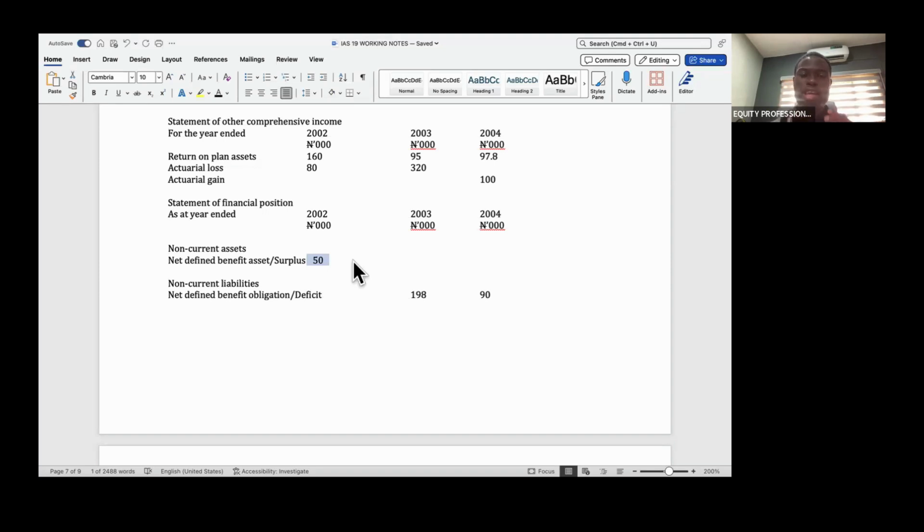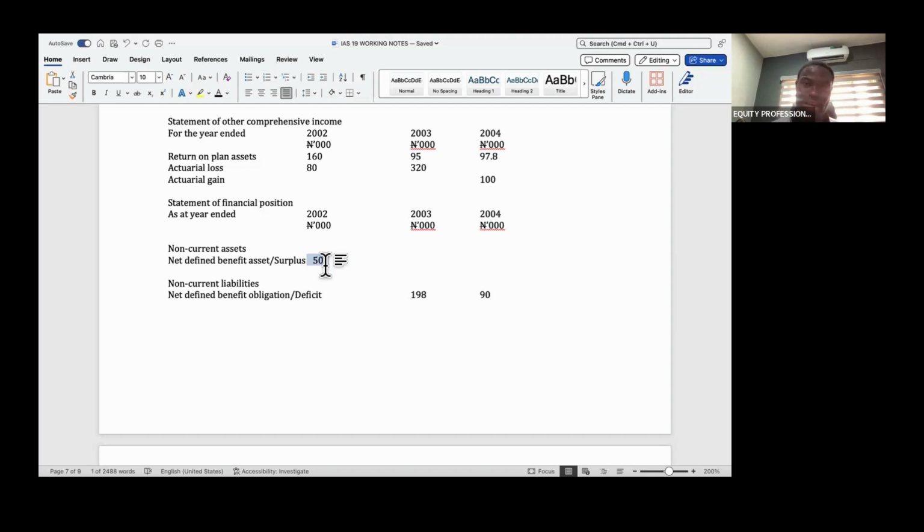So if that would happen, then asset ceiling is saying that we need to get that, and that is what we should recognize as assets. So if your actual savings is, let's say, 25, we are saying don't recognize 50, recognize 25, because that is what you are expecting as return. That is what you are expecting as savings. That is what you will get benefit from.